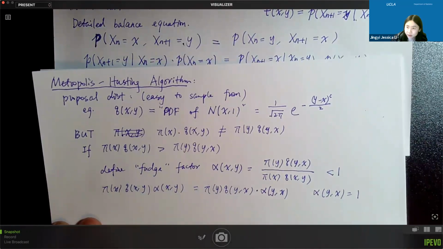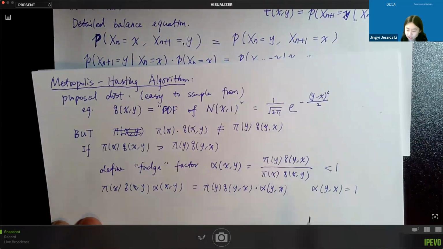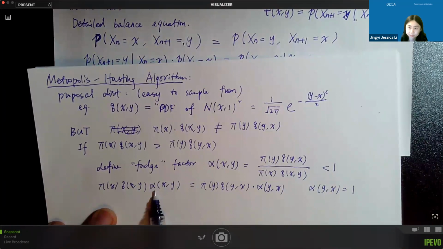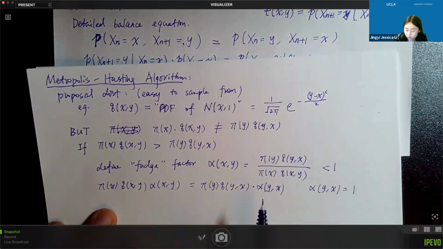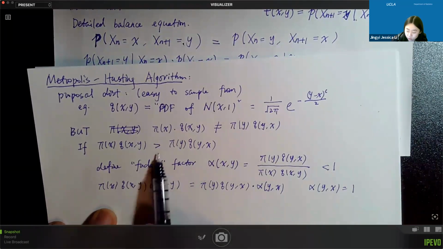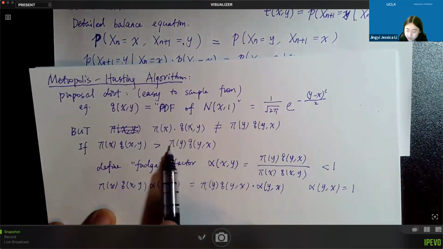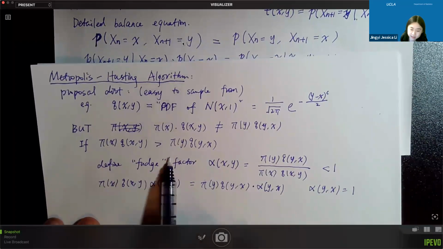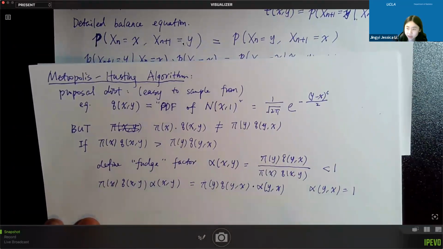Right, so you see, we're close to our detailed balance equation. On the left-hand side, we multiply by a factor less than 1. On the right-hand side, we multiply by a factor of 1. So this is the case when we have left-hand side greater than right-hand side. We could have the left-hand side less than the right-hand side, so that all the argument will carry over.